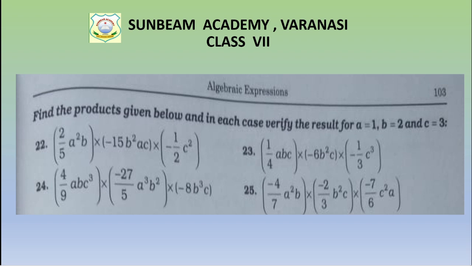You can match it also, that whatever you have written is correct or not. Okay, and then proceed, children. Then after that you can proceed. So now question number 24 is this much, and we have to verify also, children. How you will verify? That your LHS should be equal to RHS, isn't it?